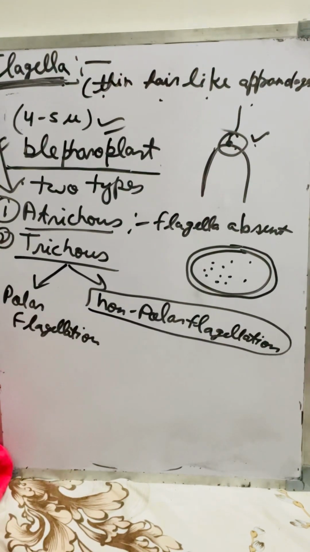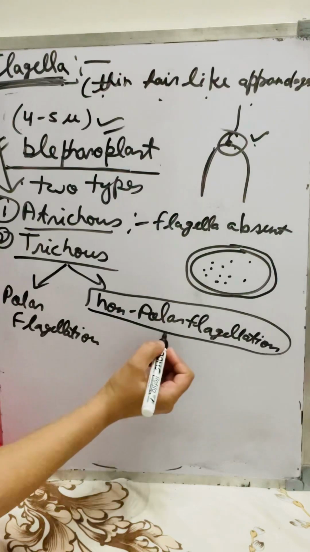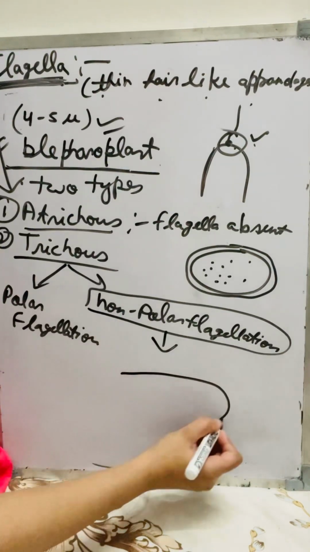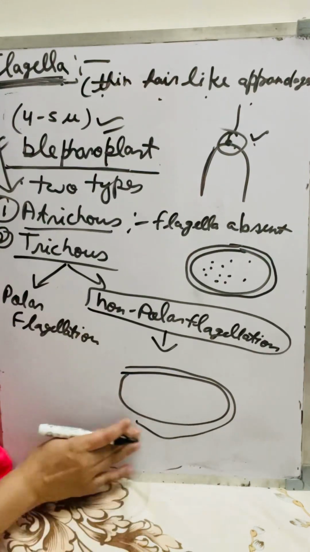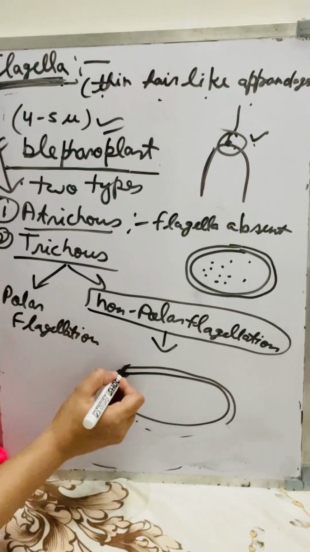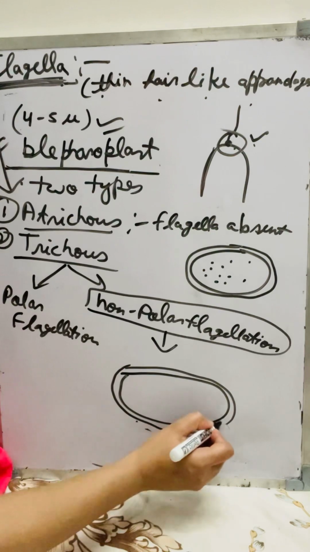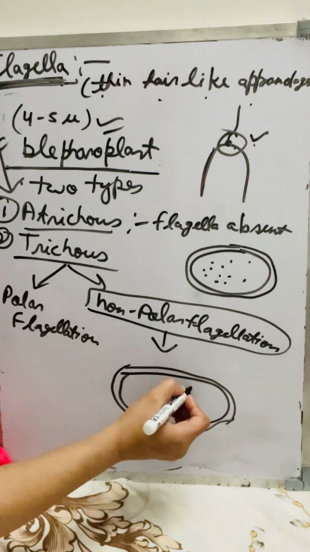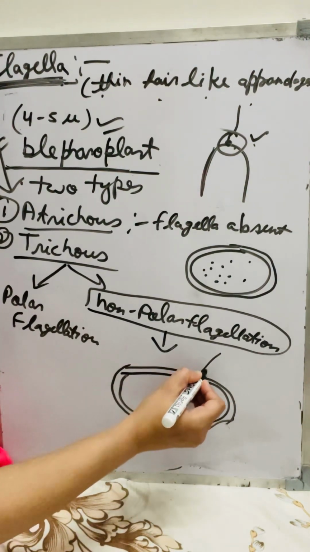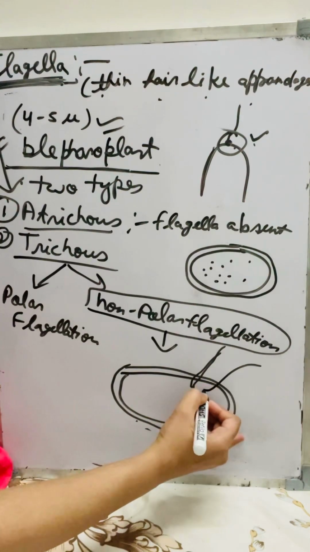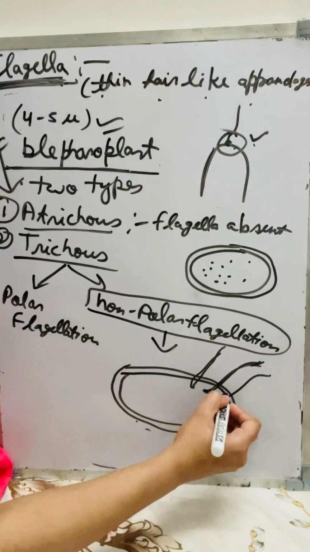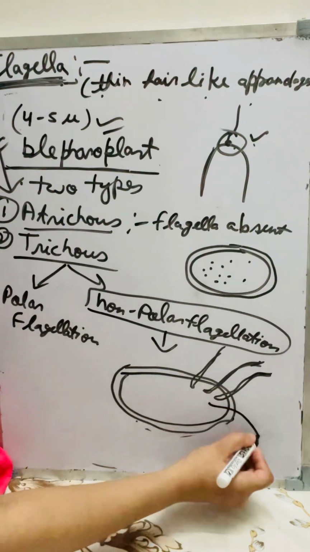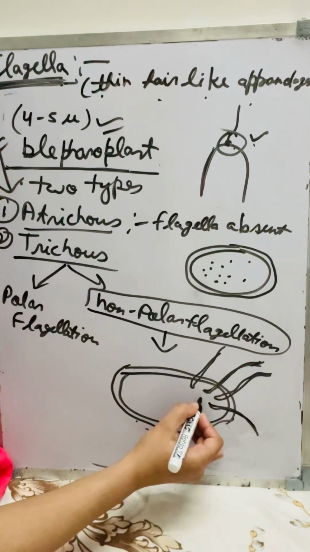In non-polar flagellation, as you can see in the diagram, that is the bacterial cell and their whole body is covered by flagellum.